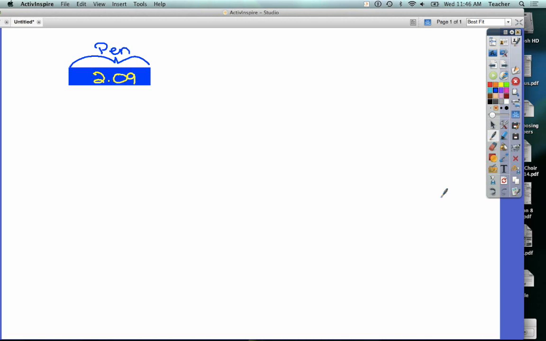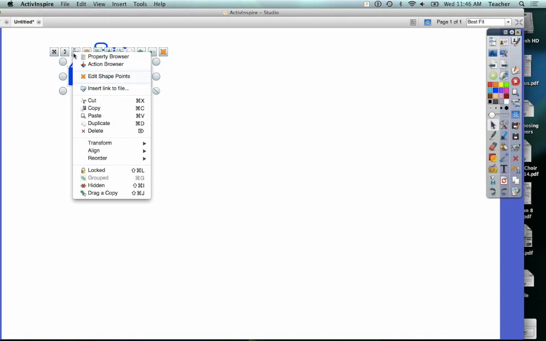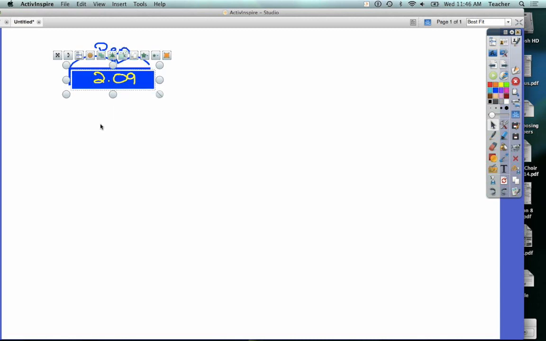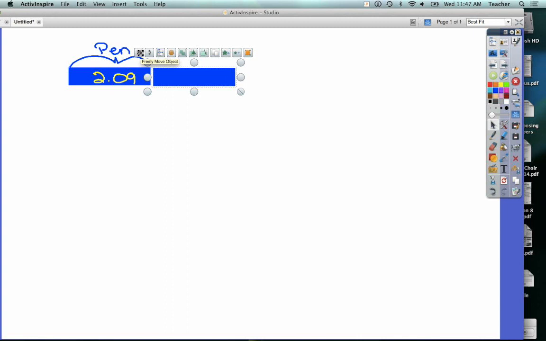No. The pen costs less than the marker, right? So would the marker be at least $2.09? I would think so. Because we know that the pen is less than the marker, right?